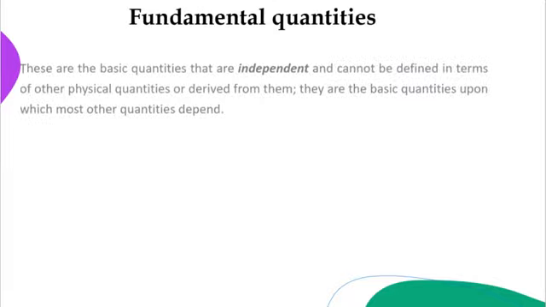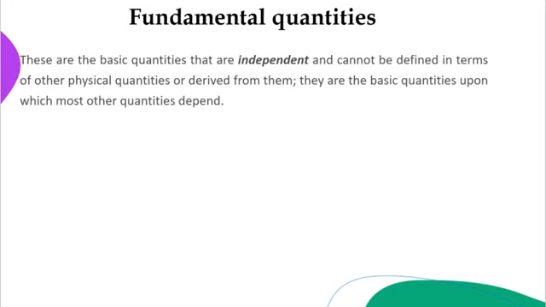Okay, so fundamental quantities, what are they? These are the basic quantities that are independent and cannot be defined in terms of other physical quantities or derived from them. They are the basic quantities upon which most other quantities depend. Now, what does this mean? Fundamental quantities are, first of all, independent.